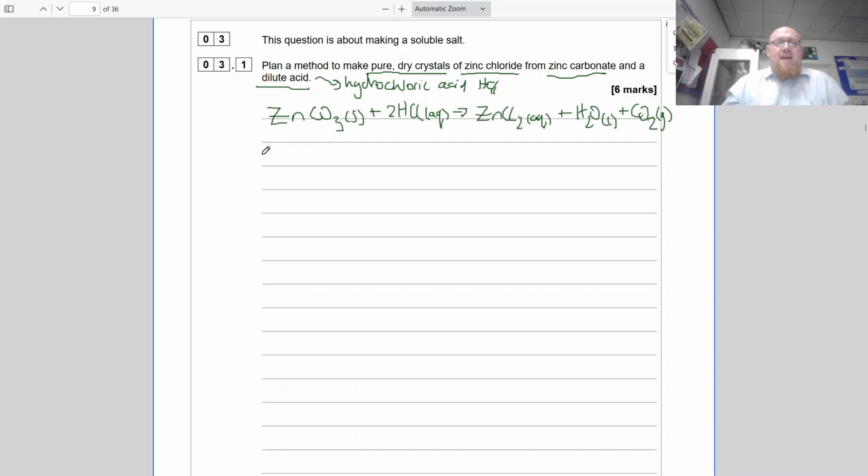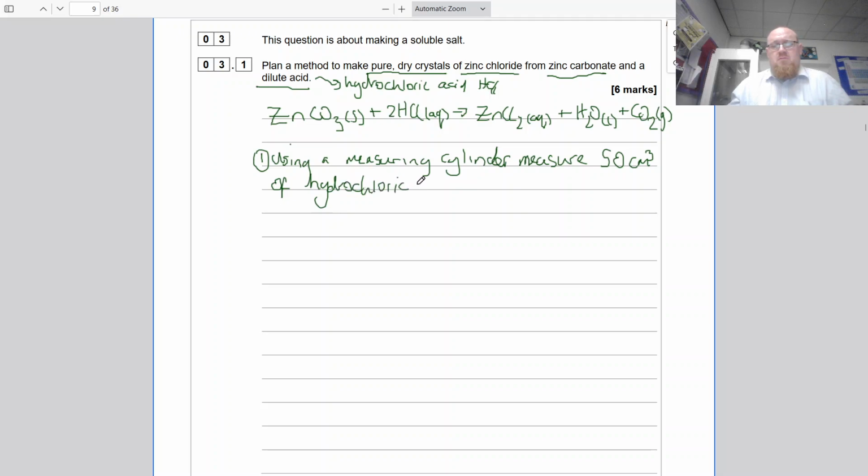So our first step is to say, using a measuring cylinder, measure 50 centimetres cubed of hydrochloric acid, and you might want to say 1 molar hydrochloric acid, depending on how detailed you want to be, and pour this into a suitable sized beaker.